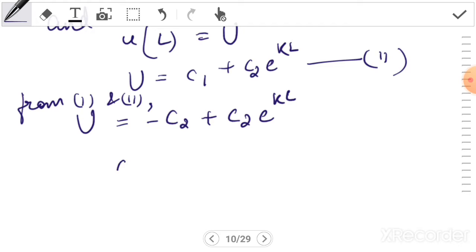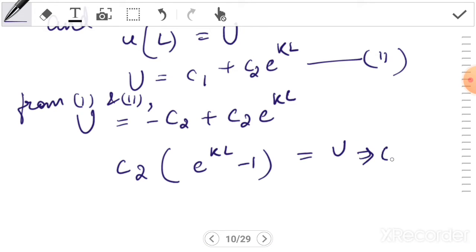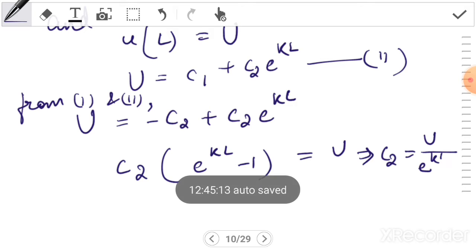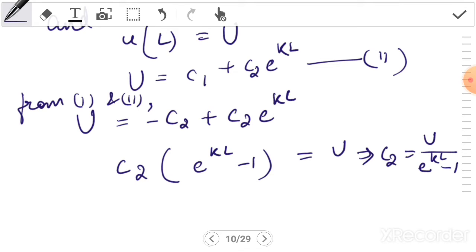That means c2 times e power kL minus 1 is equal to U. Then c2 is equal to U by e power kL minus 1.